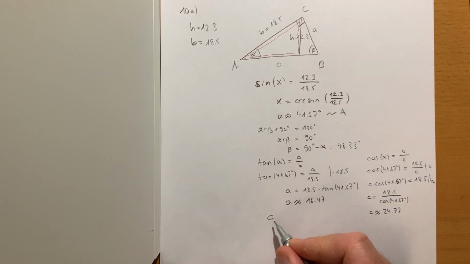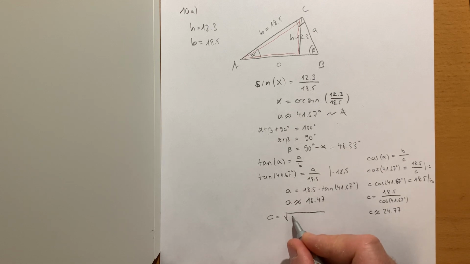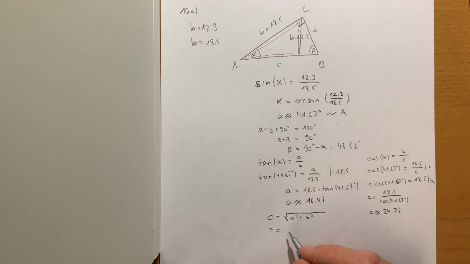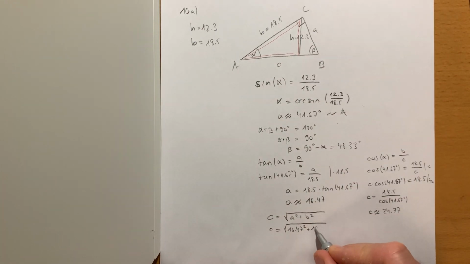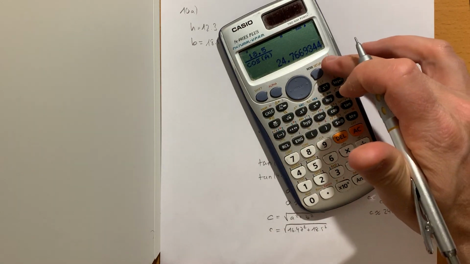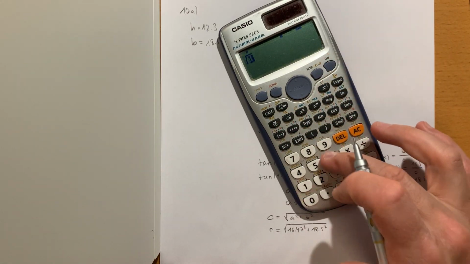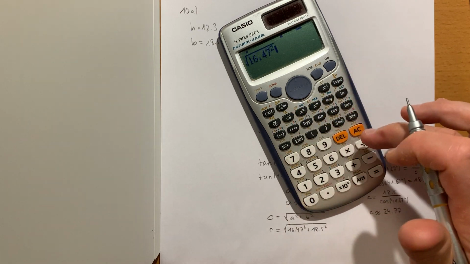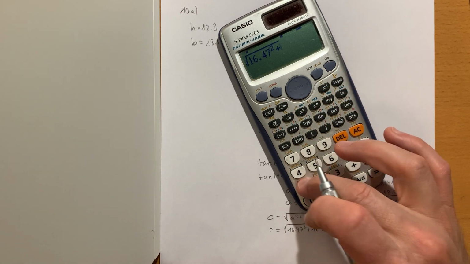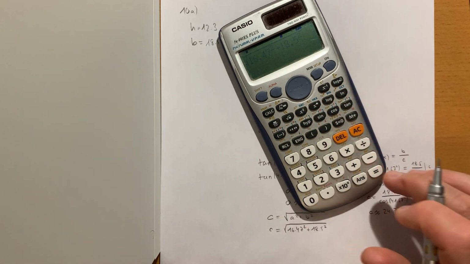So we could have done it like this. A squared plus b squared. Let's just use the rounded values in order to see the differences. So it's 16.47 squared plus 18.5 squared. Let's type this in. Square root of 16.47 squared plus 18.5 squared.